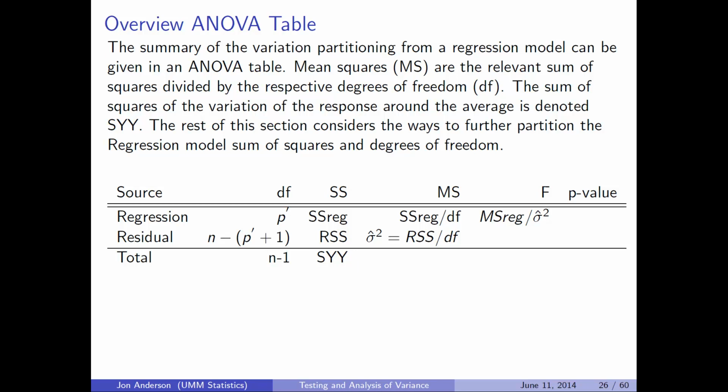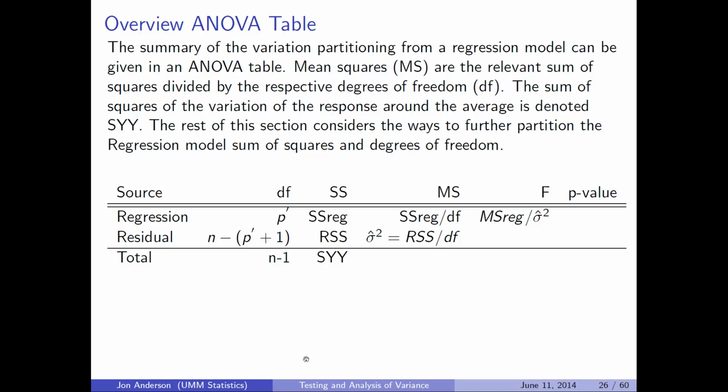The residual degrees of freedom will be the number of data points minus the number of beta parameters in your model. P prime of them are the betas multiplying the regressors, and there's one additional one for the intercept. The total degrees of freedom in a regression problem is n minus 1, and so the regression degrees of freedom and the residual degrees of freedom will add to the n minus 1 total.